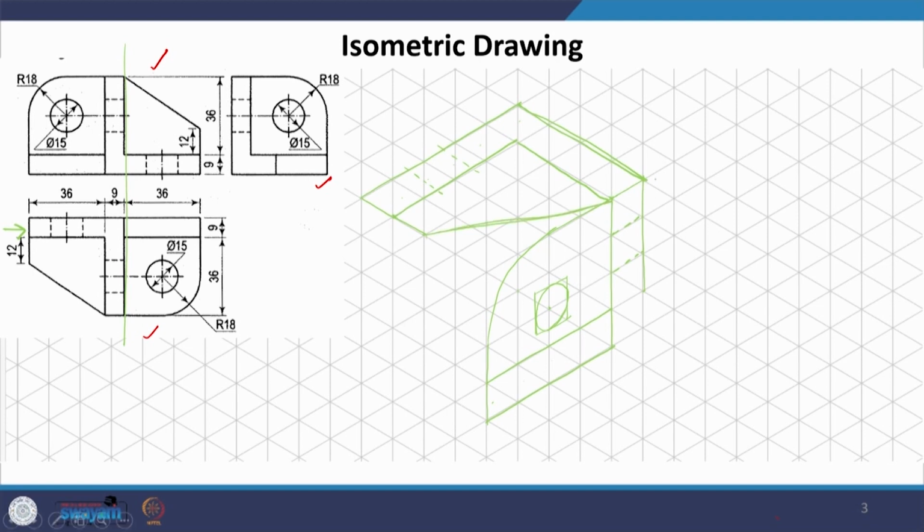The same elevation we can assume to be here, because this elevation could be at any level, all these lines. Now if you look at this, we can very clearly see that this curved surface is not at the same level as this rectangular surface at the bottom.